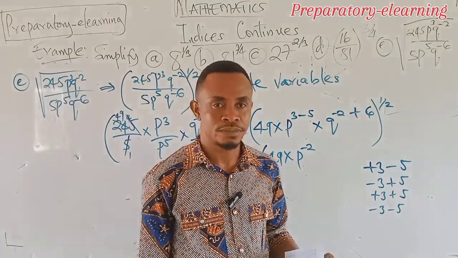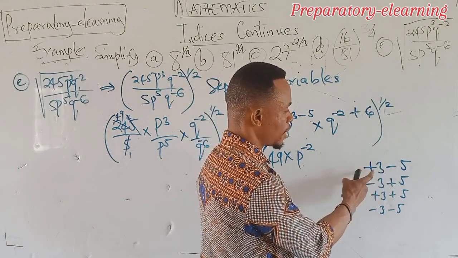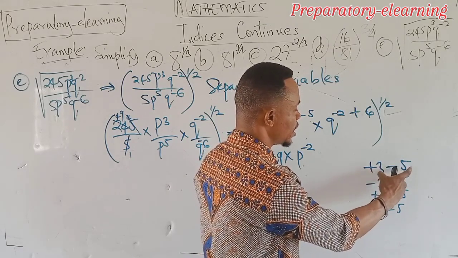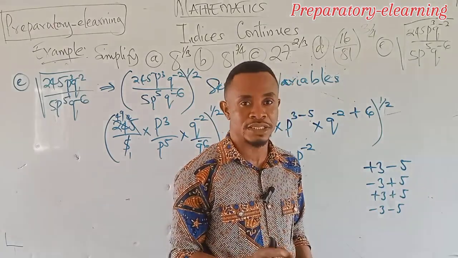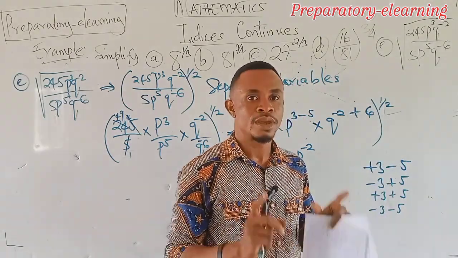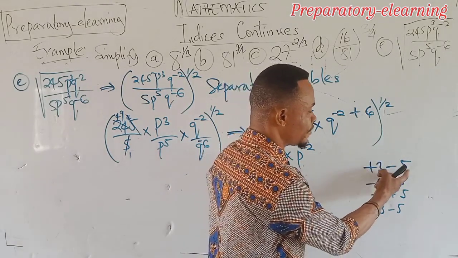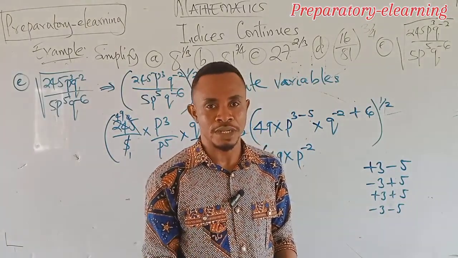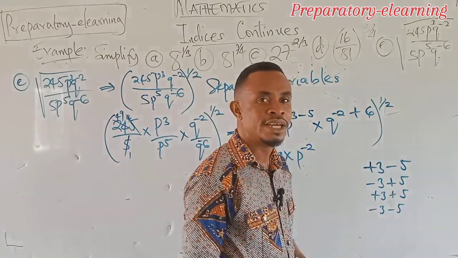I would like you to know, when we have 2 different signs, like plus and minus, or minus and plus, coexisting in between numbers, we find the difference of the 2 numbers we have there. First step: when we have different signs, we find the difference. What's the meaning of difference? Difference is the answer after subtraction. When we have different signs, we find the difference between these 2 numbers.